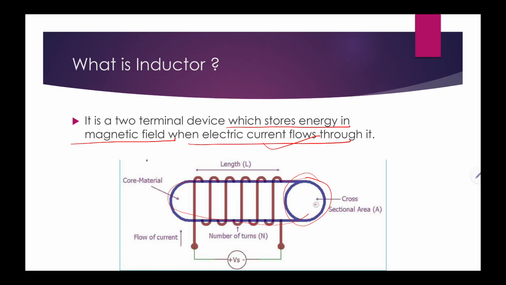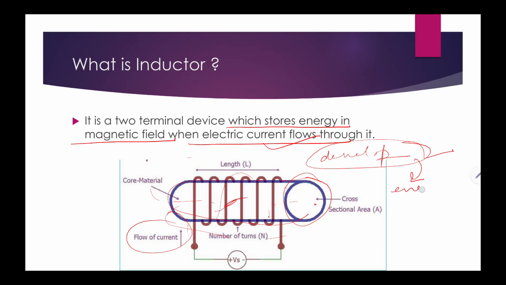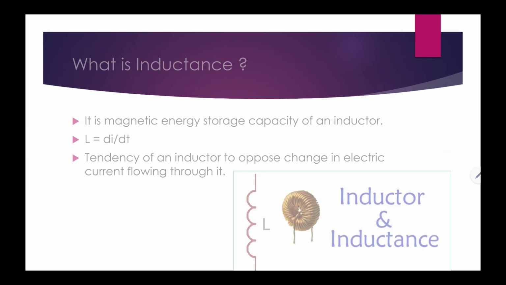As electric current flows through it, a magnetic field is generated around this coil, and that leads to magnetic flux being developed. Because of that magnetic flux, because of the changing current in it, energy will be stored in the coil, and that energy is kinetic energy, which is given by the formula half L i square. We will discuss this formula in the further slides. Okay, that's all for this slide. Now go to the next slide.